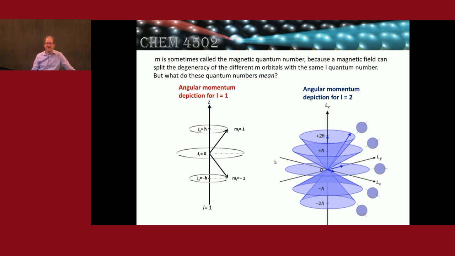And so for given values of L, we can have different projections onto the z-axis, and the larger that m sub L is, the more it resembles L and the less uncertainty we have in x and y. When m sub L is equal to 0, then we're rotating in the xy plane, and we have maximum uncertainty in x and y.